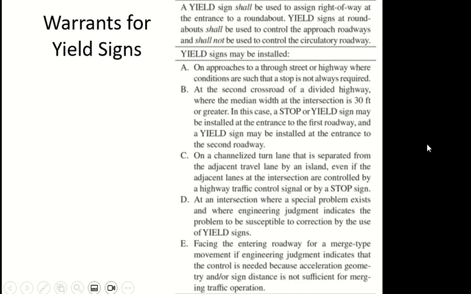The first warrant we will go through is for the yield sign. These conditions which you see in the table are from the manual, and these conditions are all shall conditions.